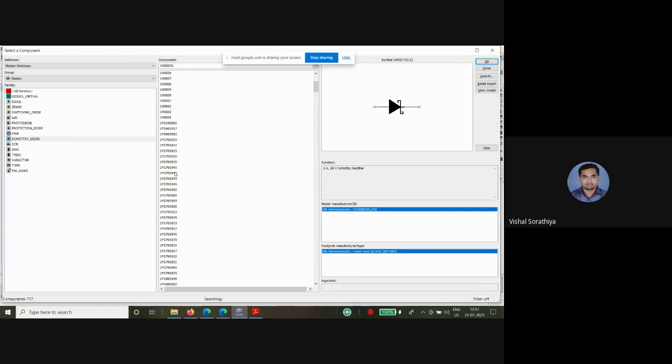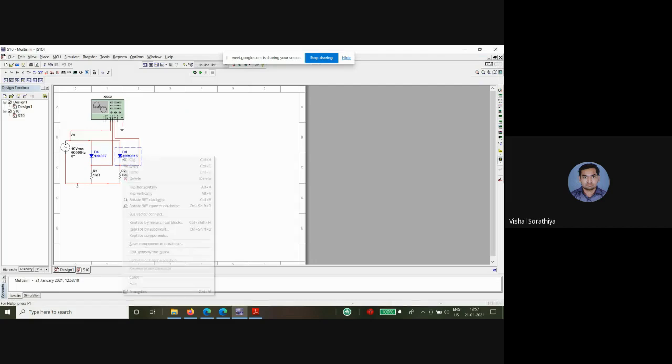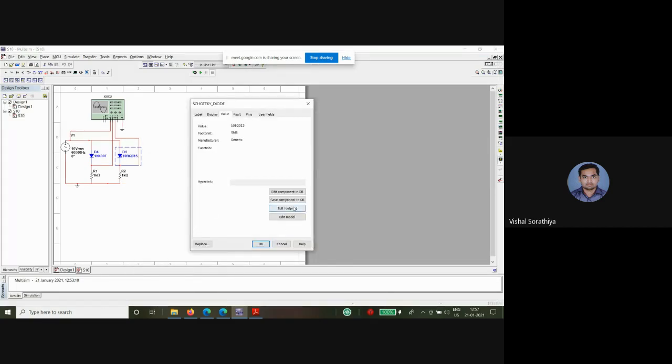Can you share your screen and show where the actual location is? I have found it and put it over here, but I have forgotten where the actual location is.